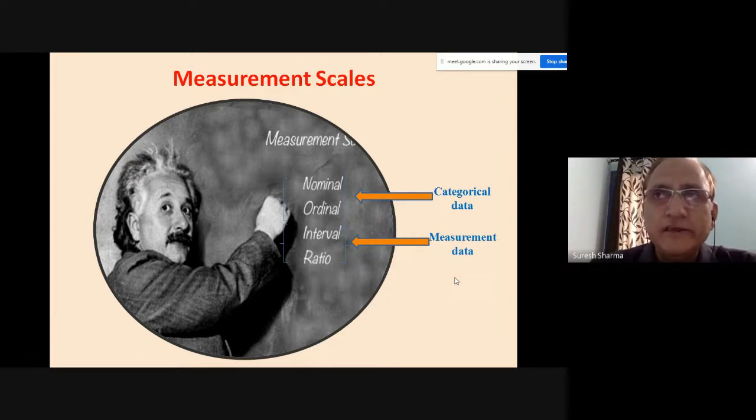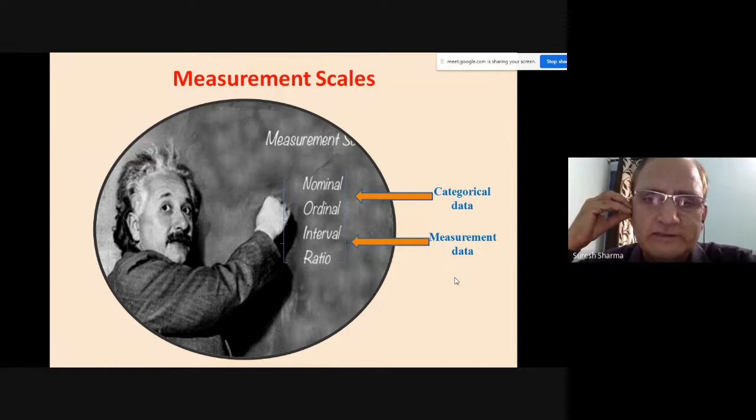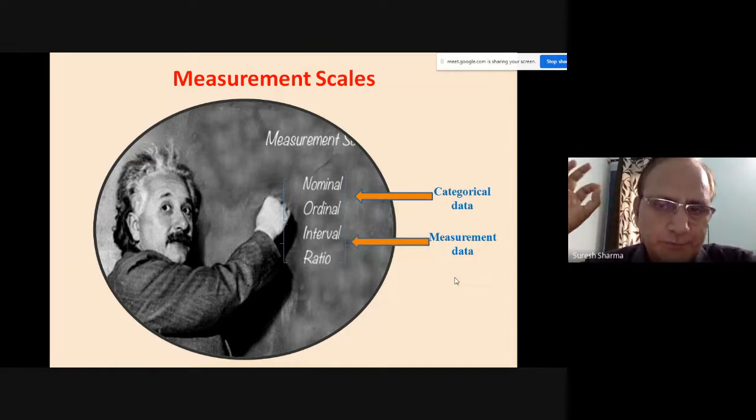I can write Sikh as 1, Hindu as 2, Muslim as 3, Christian as 4, or you can write Christian as 1, Muslim as 2, Hindu as 3, or in any other order. So if all the categories are given equal weightage, there is no preference of one category over the other, then we say that our data belongs to the nominal scale. Hopefully, this nominal scale is clear to you.